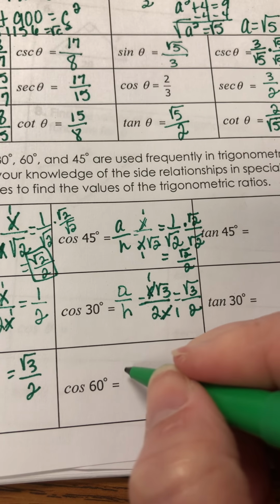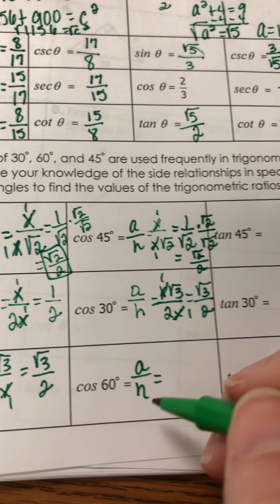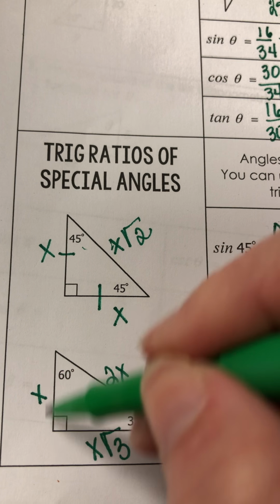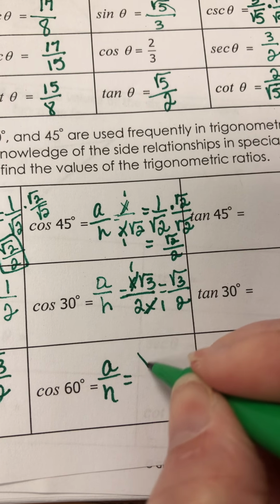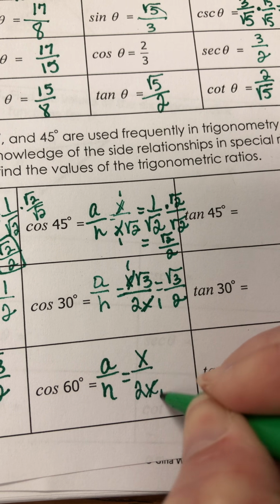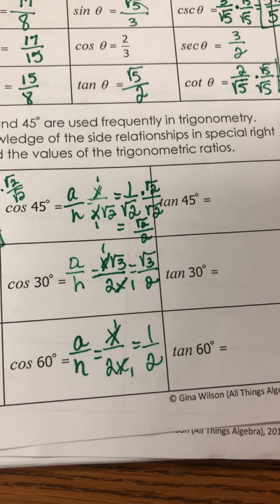Now, my cosine, still looking at adjacent over hypotenuse, but this time we're finding the cosine of 60. So adjacent to the 60-degree angle is x, and then the hypotenuse is 2x. So we'll have x over 2x, so cancel out those x's, and we get the cosine of 60 is 1/2.